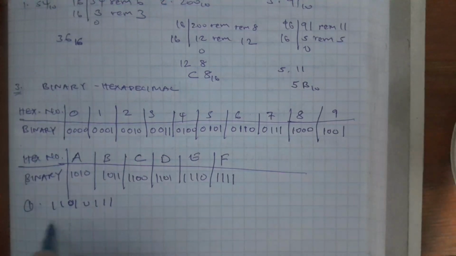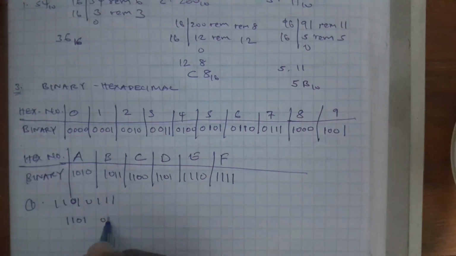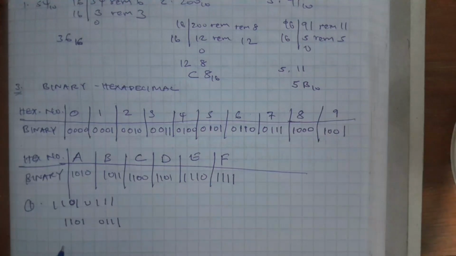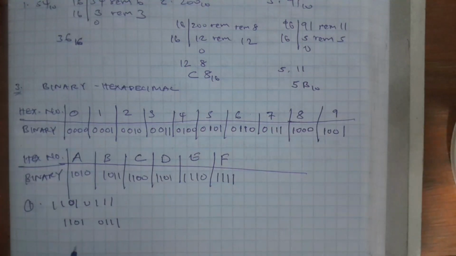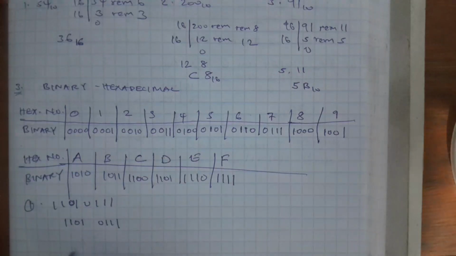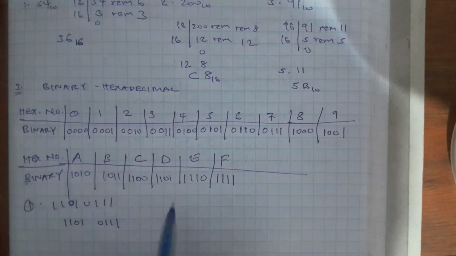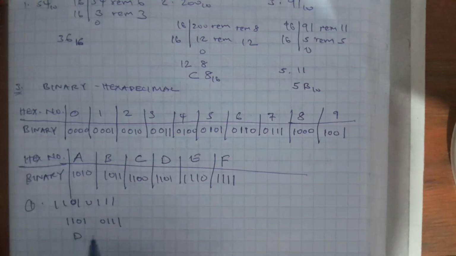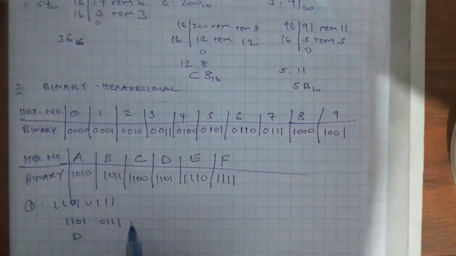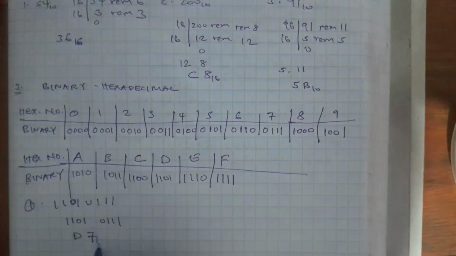In our case, we have 1, 1, 0, 1 and 0, 1, 1, 1. Now you check the hexadecimal value for the given binary value. 1, 1, 0, 1 is a D, and 0, 1, 1, 1 is 7. So this is D7 to the base of 16.